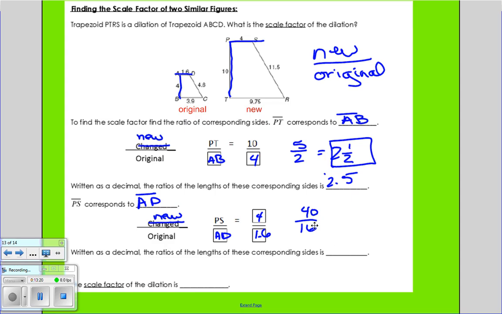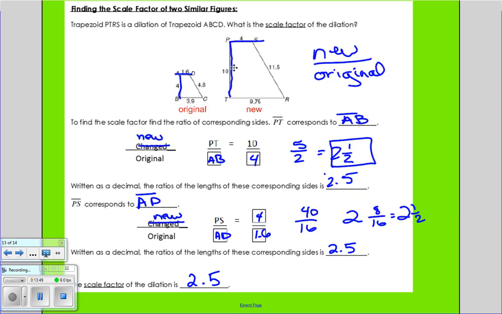Okay, there are 2 16s in 40, and that'd be 32 that we're going to take out of here. And that'd be 8 16ths left, which we all know is 1/2. And so written as a decimal, it's a 2.5 scale factor. So this new figure is 2.5 times larger than the original. So once again, the scale factor of this dilation is 2.5.